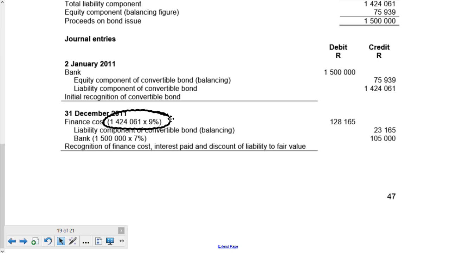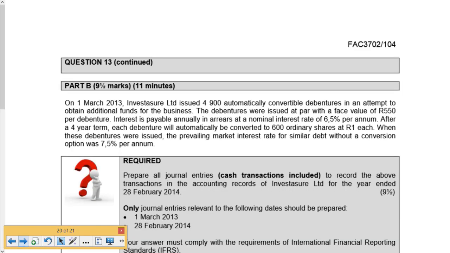So if your numbers were wrong, your journal would be wrong, but the entry is a credit to bank of 105, a debit to interest of 128, and the difference goes to the liability, 23,165. My liability needs to grow from 1,424 to 1.5, so it needs to be a credit to the liability always. So that was 11 marks.